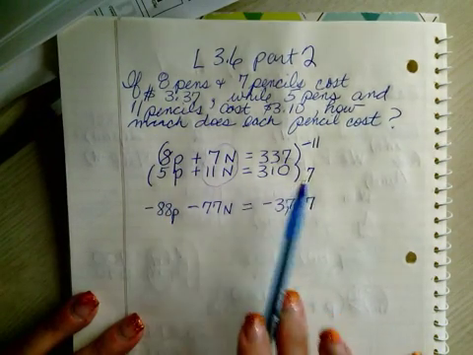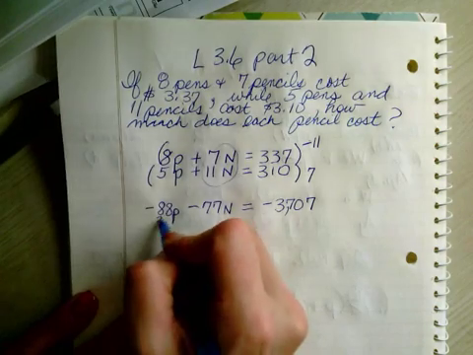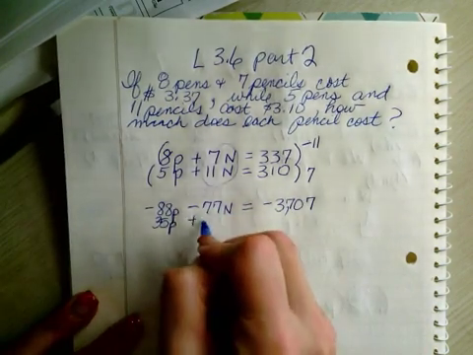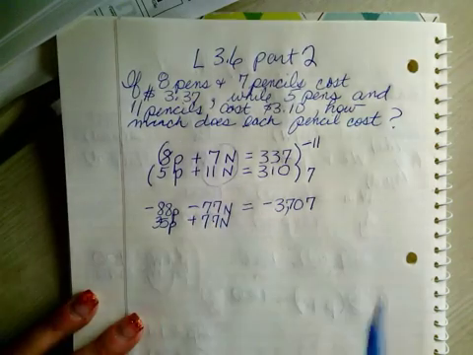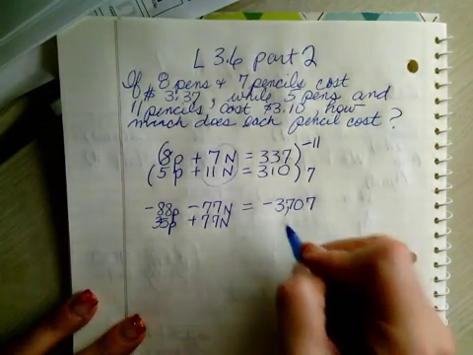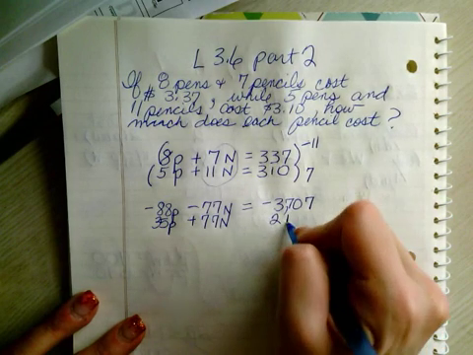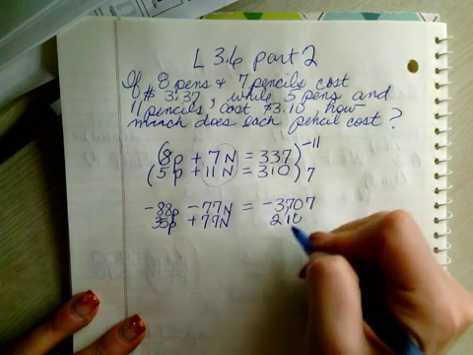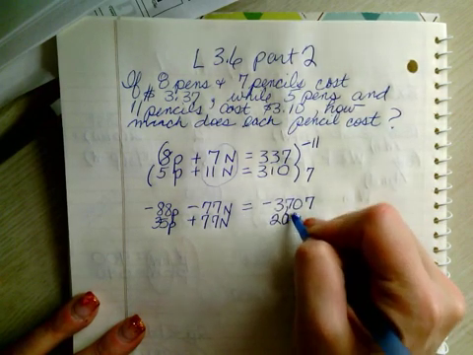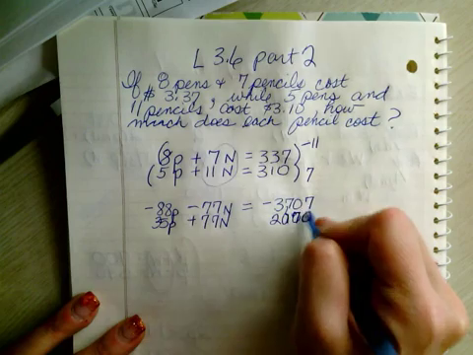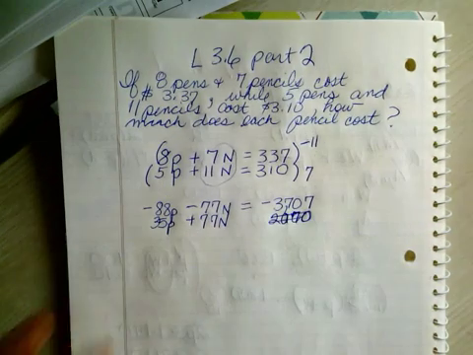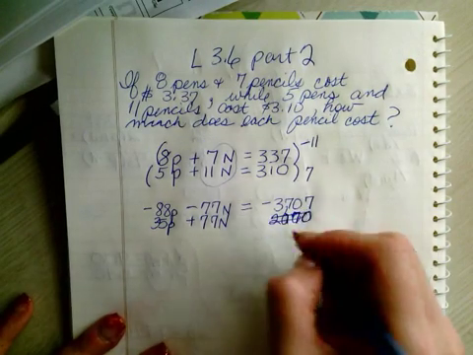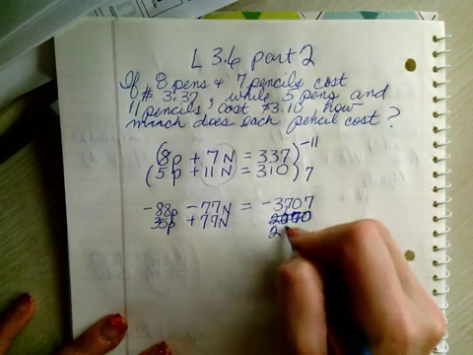So the next line, we're going to do 7 times 5, which is 35p. 7 times 11, +77n. 7 times 310 is 2,170.